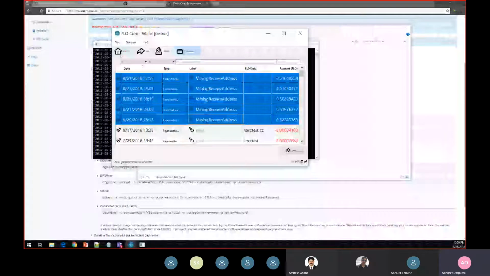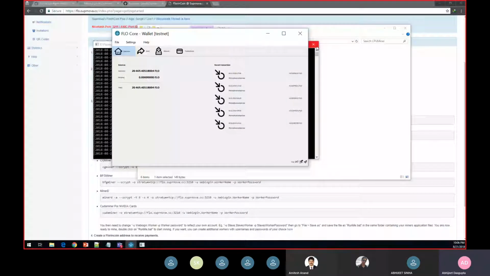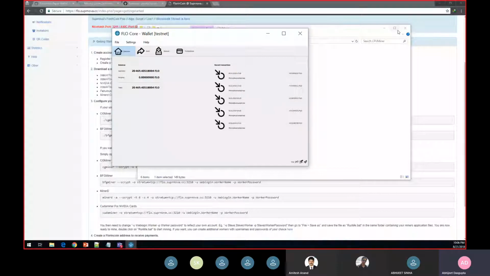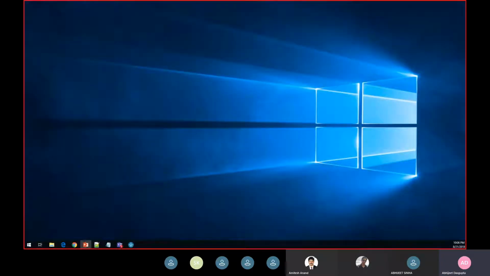So this is something that is required now to gather the FLO testnet coins also. And the process, the concepts and the technique are pretty much the same for mainnet as well as testnet coins. So this is the entire process of blockchain mining or cryptocurrency mining that we can see.